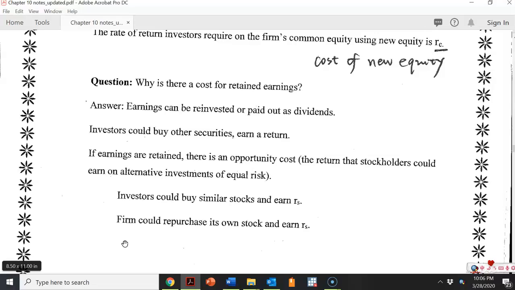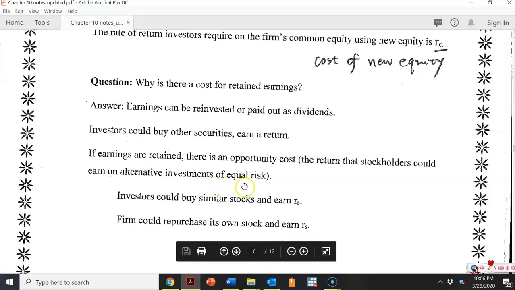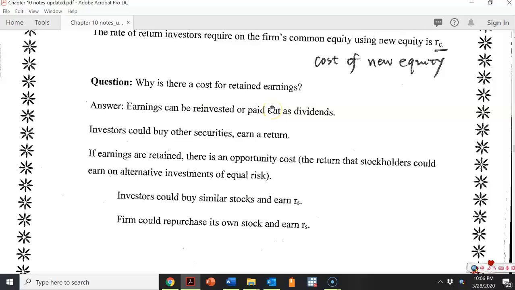Any other alternative investments of equal risk should have the same return as the cost of retained earnings here.